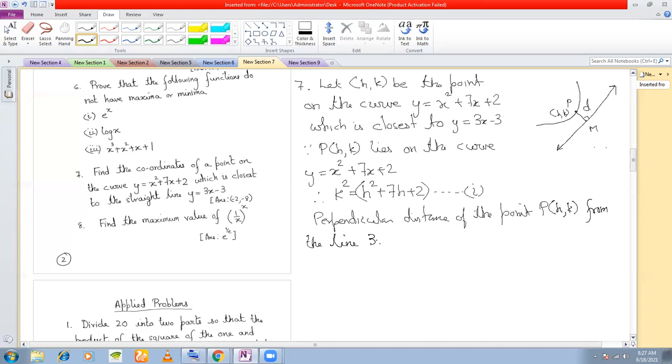Let's write it in ax plus by plus c form. Let's rewrite this equation as 3x minus y minus 3 is equal to 0.